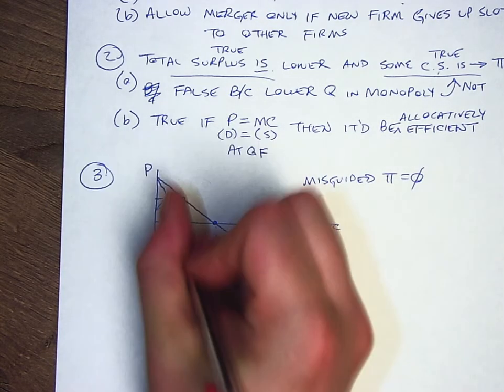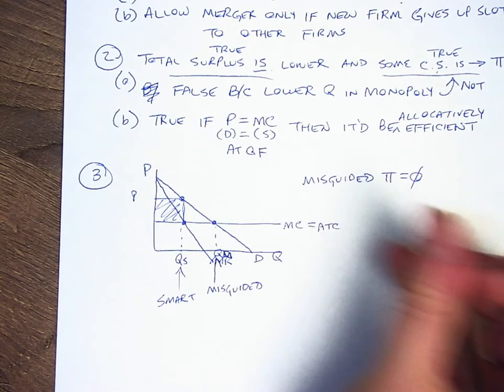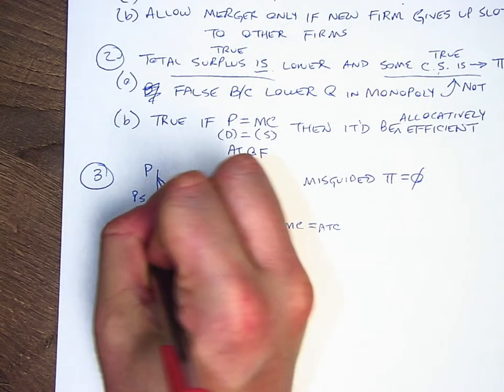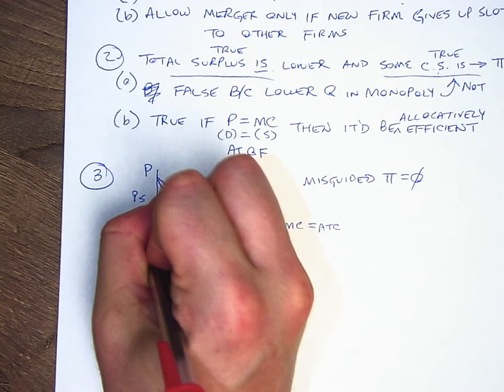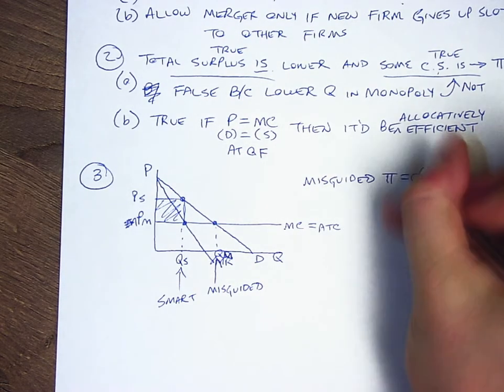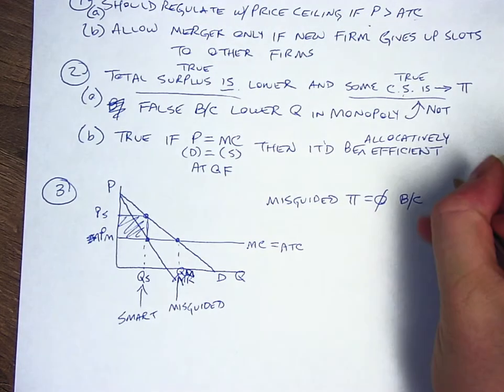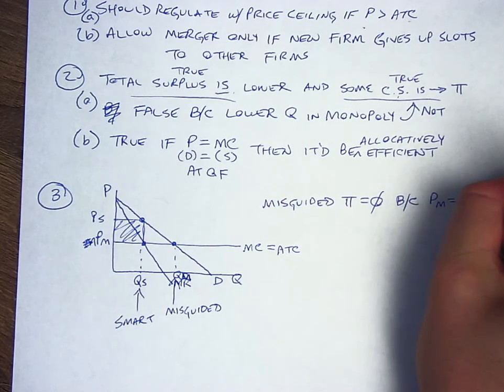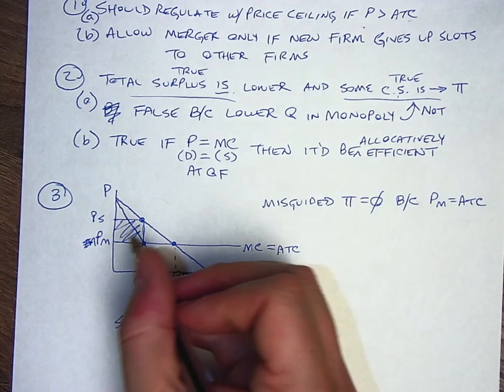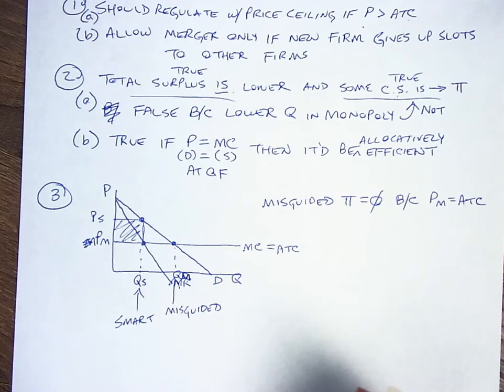So if they set the price at the ATC, so that's the price for the smart one, and that's the price for the misguided one. If they set the price equal to the ATC for the misguided one, then they earn 0 profit. But that's the profit here for the smart one.